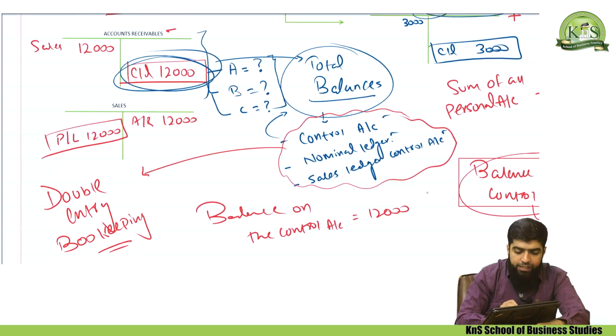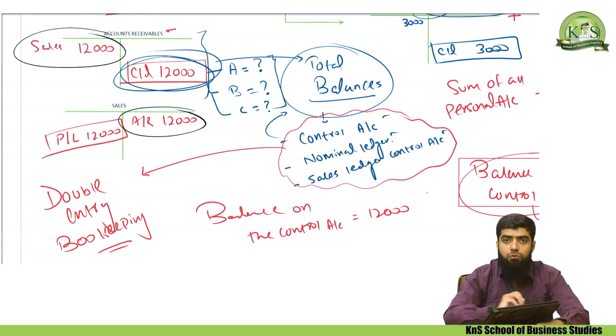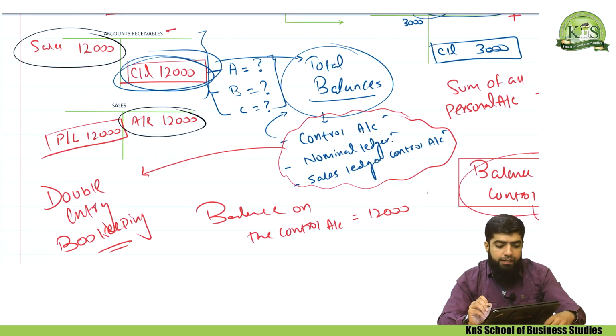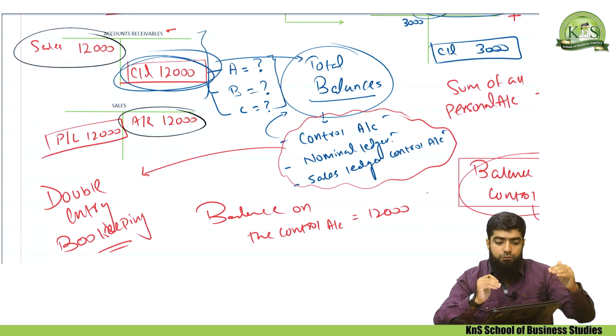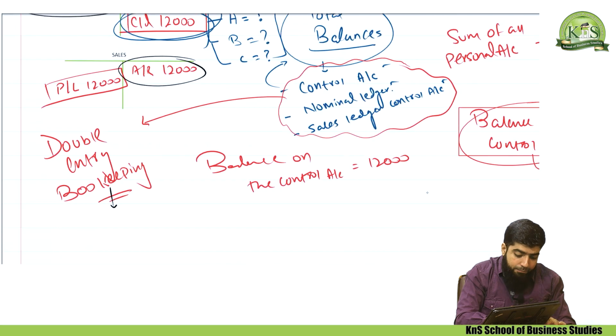Every debit will have an equal credit. If you have observed what I did, account receivable was debited and sales account was credited, is it? So it follows the double entry bookkeeping. So always remember, the control account follows the double entry bookkeeping, and it is part of your accounting process.